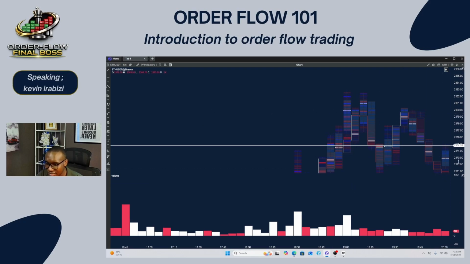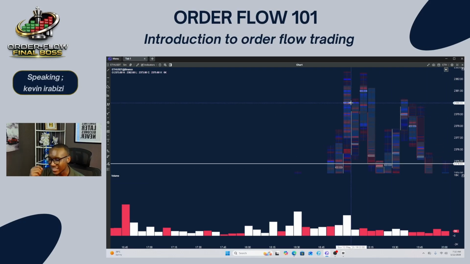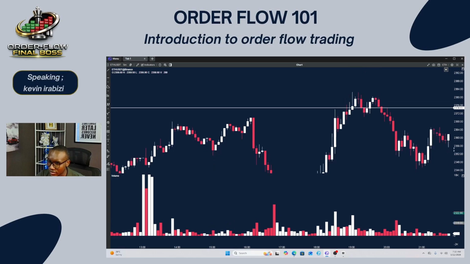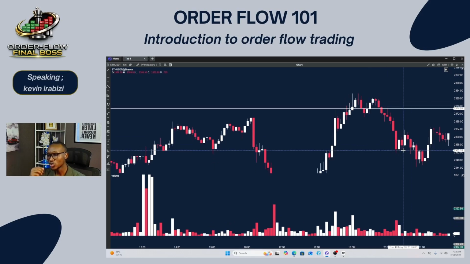This cluster right here that is in white was the cluster with the highest volume in this particular candlestick. If price does not close above it, I know we are going to go down, because whenever it comes to retest, it closes below it, closes below it. Even right here, it comes, closes below it, and price goes down.